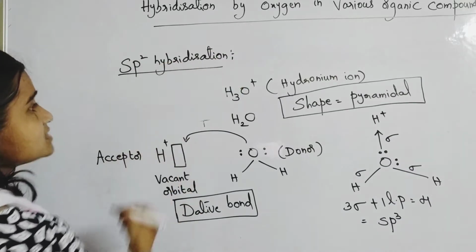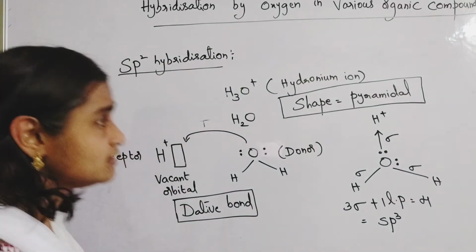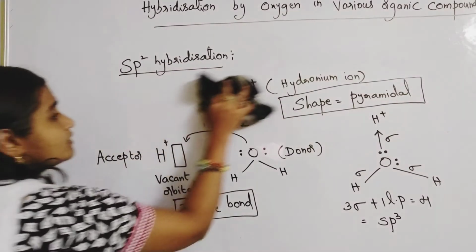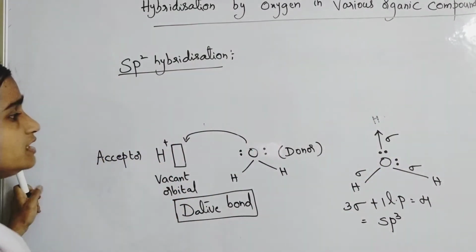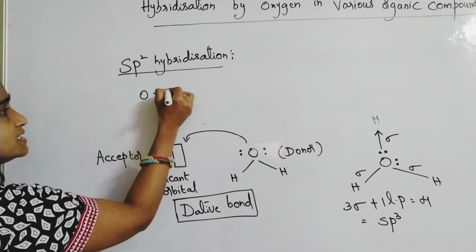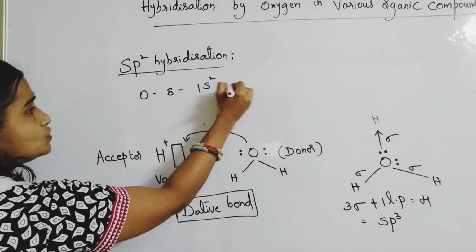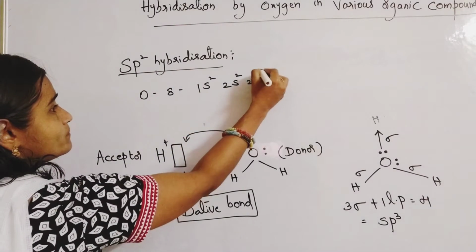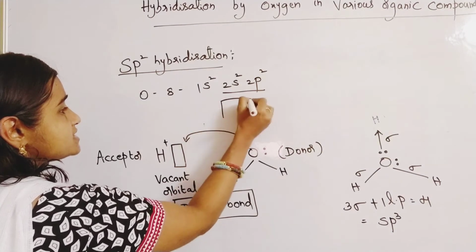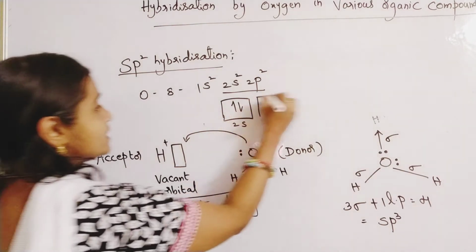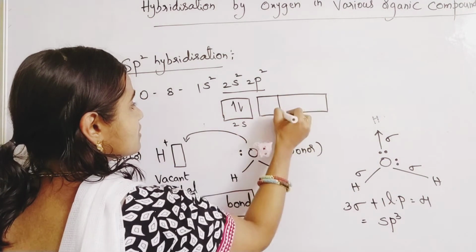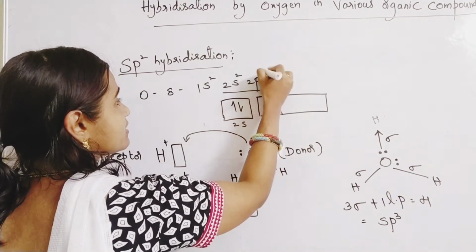Okay, so as we just discussed the electron configuration of oxygen, atomic number is 8, 1s2, 2s2, 2p4. Okay, so 2s is having 2 electrons and 2p is having 2p4 here.